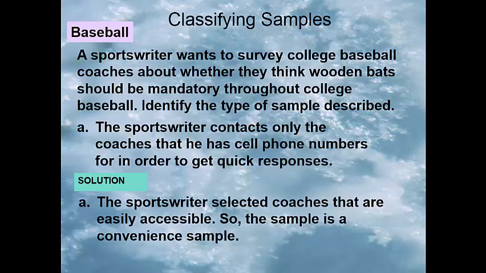So in this case, the sports writer selected coaches that are easily accessible to him. So the sample is a convenience sample, and the convenience sample is always easy to reach.